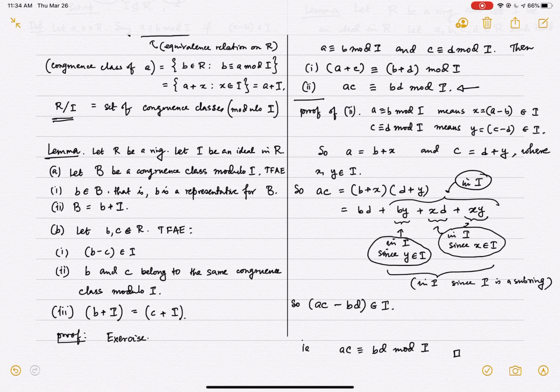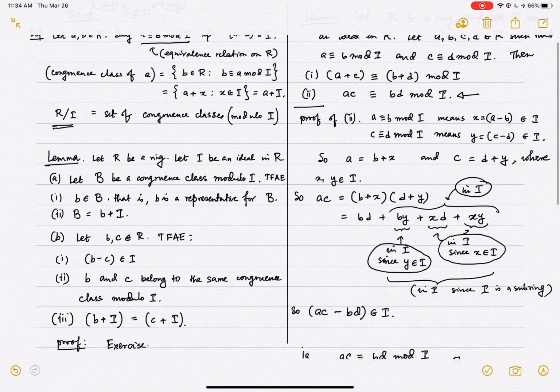So far, I think everything else that we did only used the fact that I was a subring. But to make sense of this multiplication that we are going to define, you need this second part of the lemma that we just proved. And that crucially uses the ideal property right here.